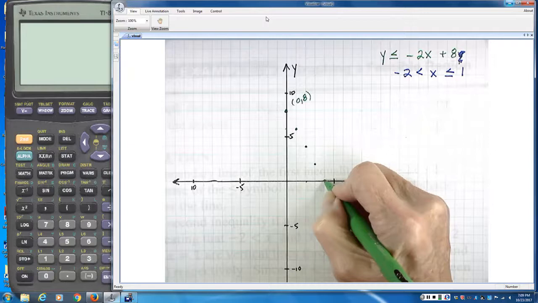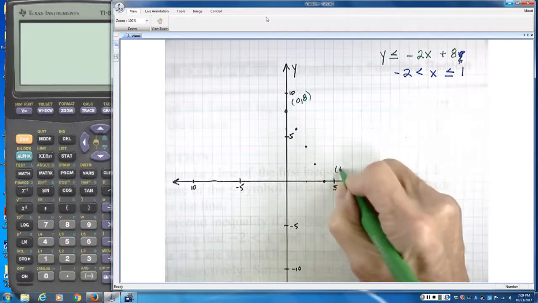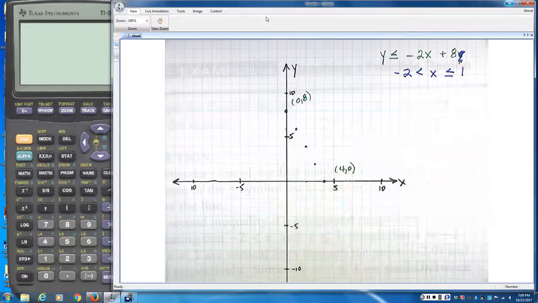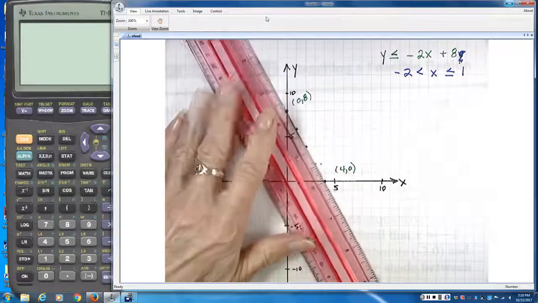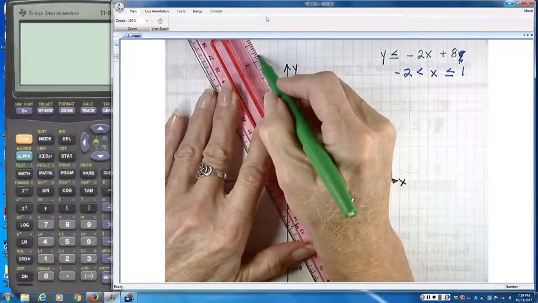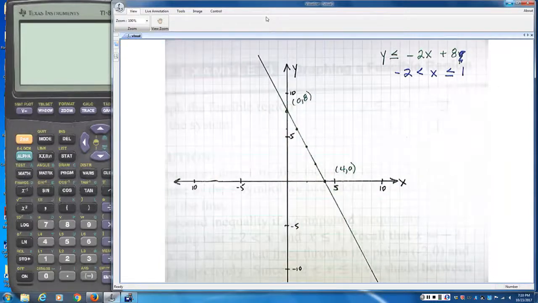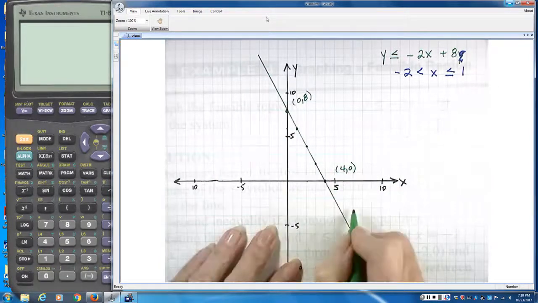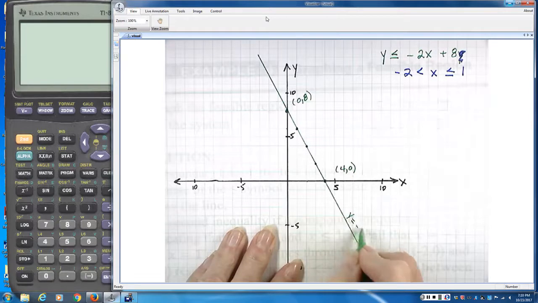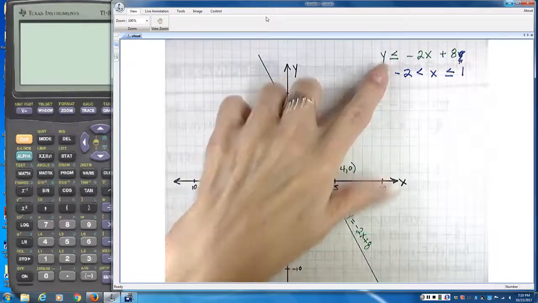And down 2 and right 1. And just happen to have found my x-intercept, which is 4, 0. So we're going to draw the line, and this is going to be a solid line, because it says equals too. So everything on that line is actually a solution to that inequality.